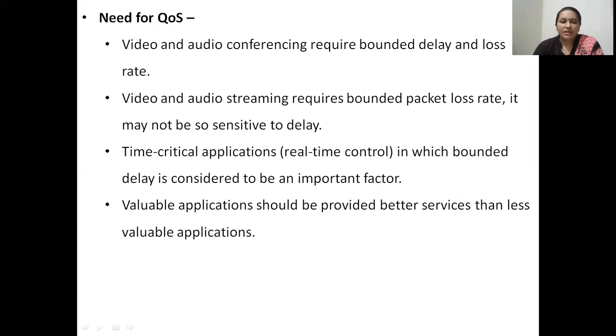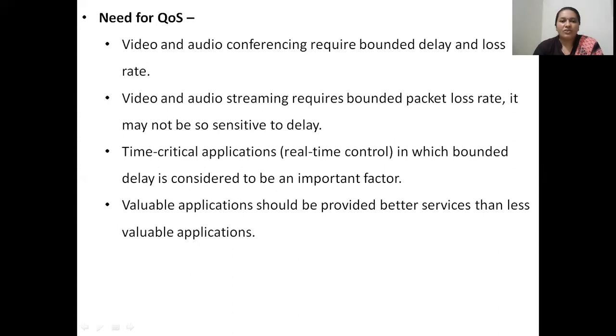And if data or packets are lost, some of the conversation will be missed by the audience of the video and audio conference. So for video and audio conferencing, bounded delay and very low data loss rate is expected.